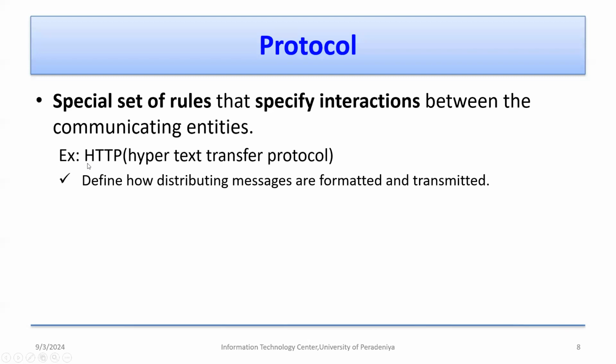There's a protocol called HTTP, the Hypertext Transfer Protocol, which defines how messages are formatted and transmitted, right? So if you want to transmit a particular message from one computer to another through a network, HTTP defines how that message should be formatted and transmitted.